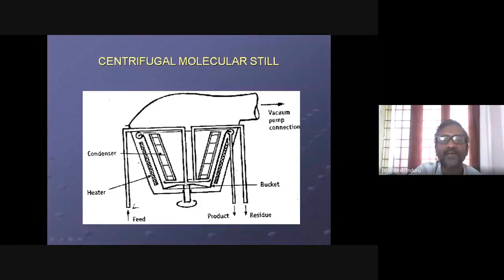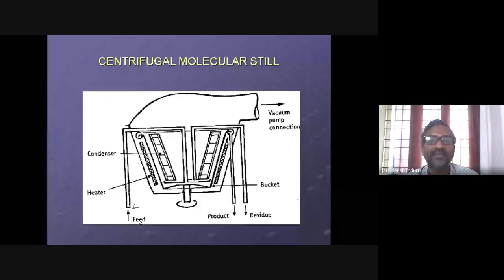The basket is continuously moving. Because the basket is moving, the centrifugal effect pushes the liquid from the center to the periphery. The liquid will not have any place to go, so it is bound to move up around the basket. The feed liquid moves up in the form of a layer.